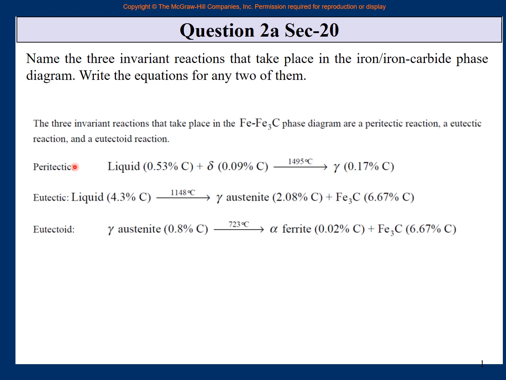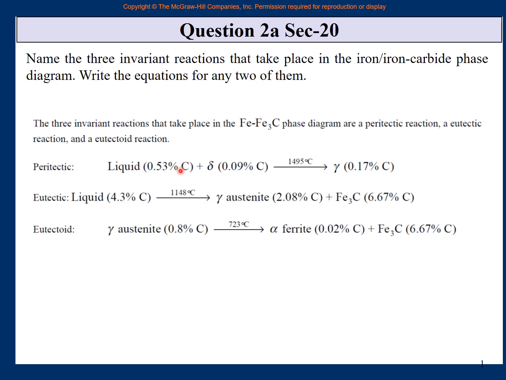This is peritectic. Then the eutectic for a steel or iron-iron carbide diagram. Eutectic always means that liquid changes to 2 solids. So liquid changes to gamma austenite and Fe3C, which is iron carbide. And this is now important because eutectic composition is important.